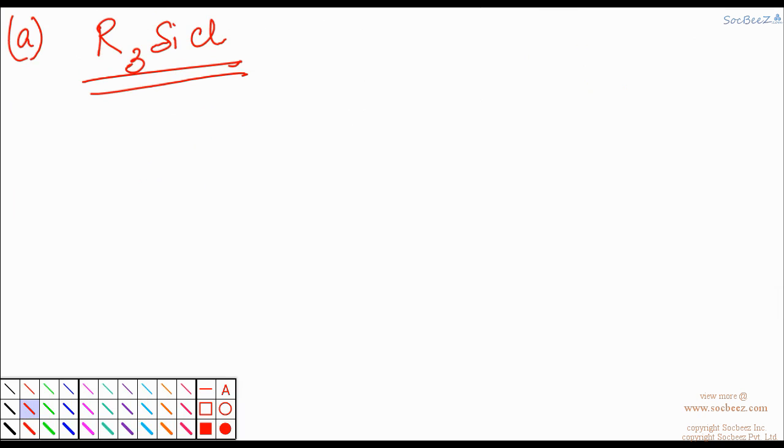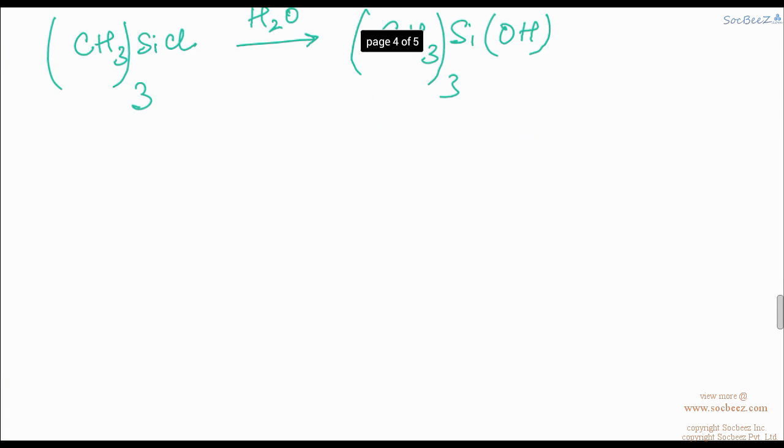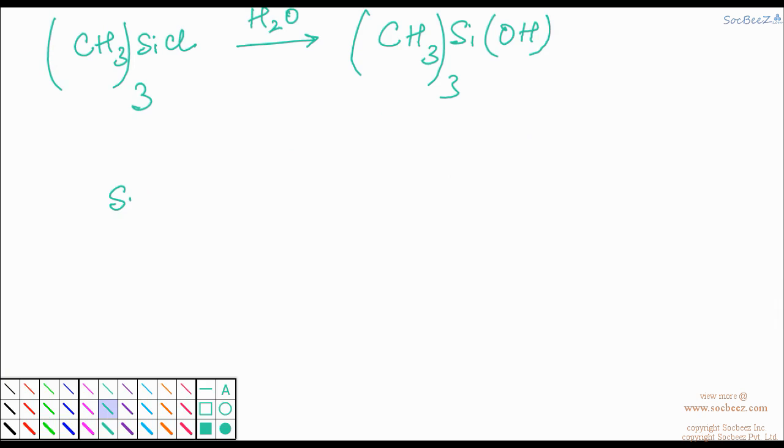Suppose we have (CH3)3SiCl. When we pass water through it, chlorine is removed and we get (CH3)3SiOH. The structure would be something like this: CH3, CH3, CH3.